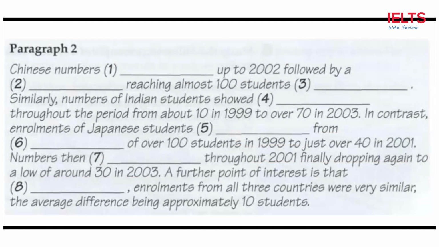Now, my dear students, as you can see in front of you, this is body 1, the main paragraph, which talks about what happened, or the language of change, and the main changes to the graph concerning the students from Japan, China, and India. As you can see here, this is paragraph 2. We have Chinese numbers.